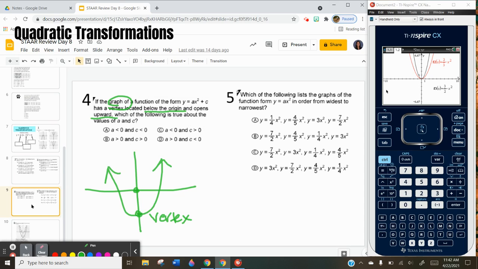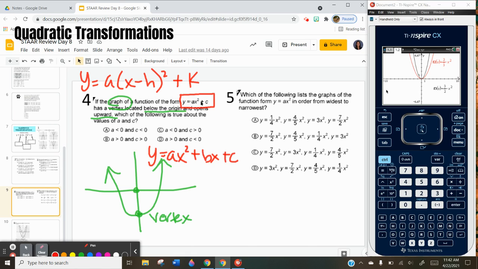Which of the following is true about the values of a and c? Remember that your vertex form is written like this. This is vertex form. Standard form is ax squared plus bx plus c. Here they give you the equation ax squared plus c, which means there is no bx, so they have it in standard form.